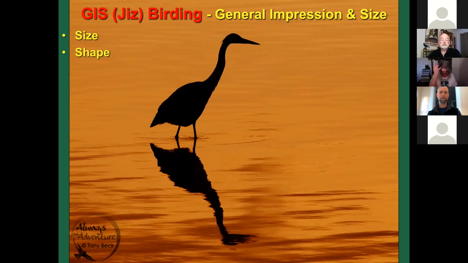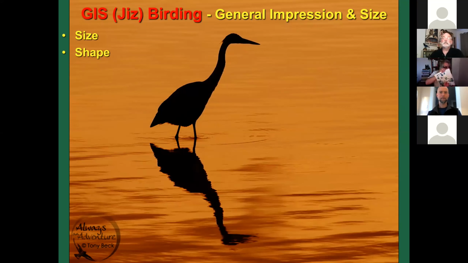Now, the next thing to notice is the bird's shape. And quite often, that's all you need. You don't need any detail whatsoever. In fact, Roger Tory Peterson recognized the significance of this. In his early field guides, in the liner notes, he has a lot of the birds there in their silhouette. Birds perched, and then birds in flight.